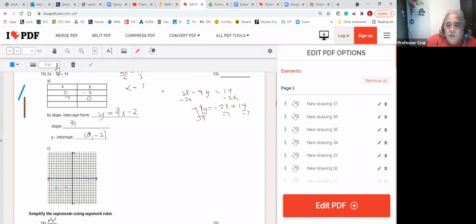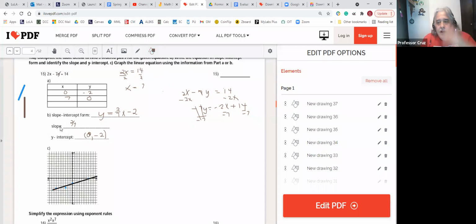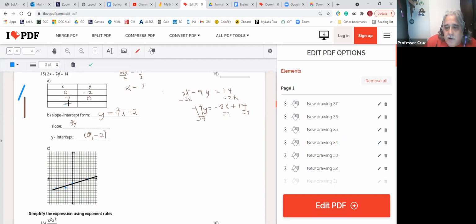But you'll notice that these three, oops, I'm doing the wrong thing. I'm trying to grab the line. These are on the same line. So I found another point by going, let's see, it was 7, -7, and -4.